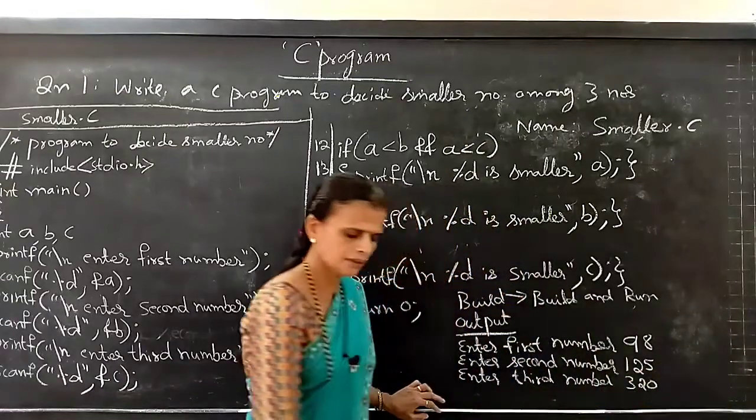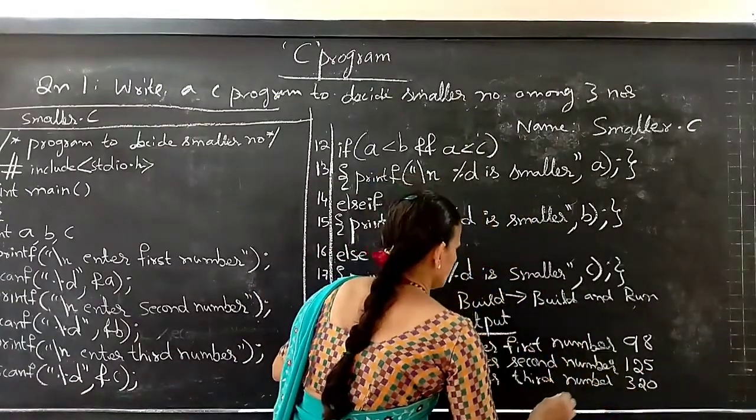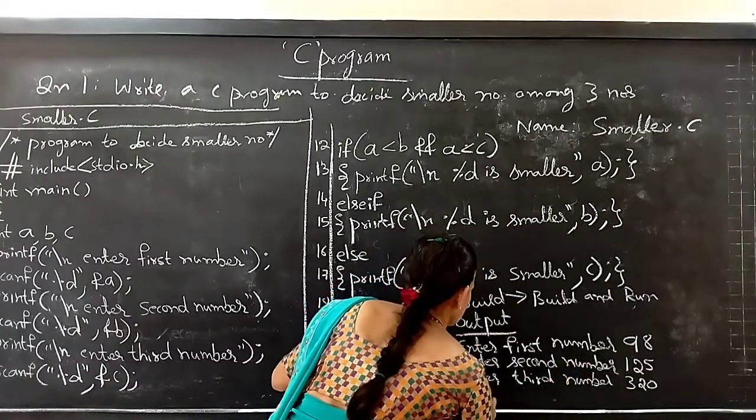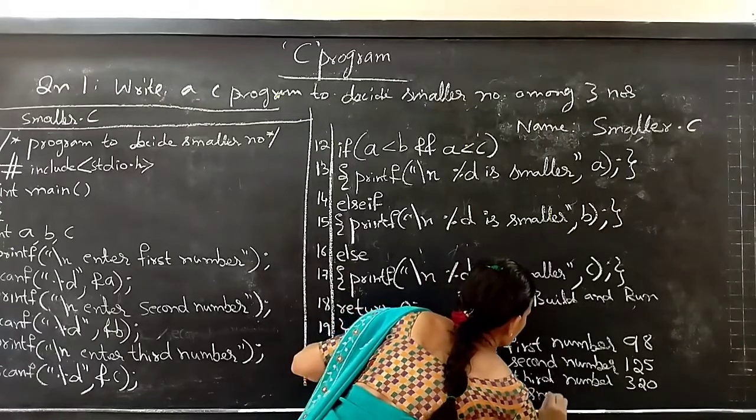Among these numbers which is smallest, that answer will come automatically. So you will get the answer as 98 is smaller.